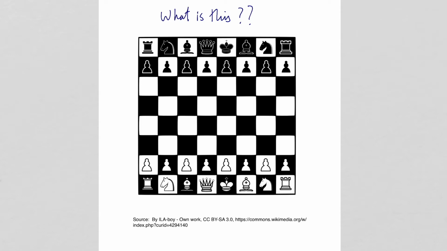In a similar way, axiomatic math systems are sets of objects, like in this case, a chessboard with pieces on it. In our case, we're going to talk about, instead of chess pieces, we'll talk about vectors, and then rules or axioms about the nature of those objects. So what is a vector? What are the rules of vectors? Just like we say, what is a rook? And what are the rules about how rooks can move?